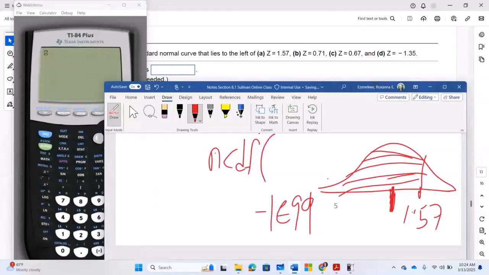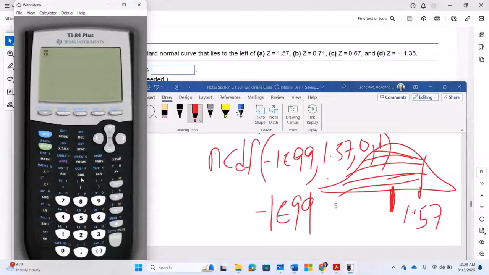The lower bound is negative infinity, so -1e to the power 99. The upper bound is 1.57. The mean of the normal distribution is 0. The standard deviation is 1. So I'm going to calculate the area to the left of this normal curve. That is what I am told to do there.